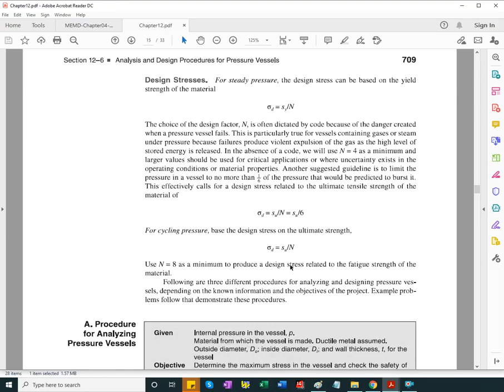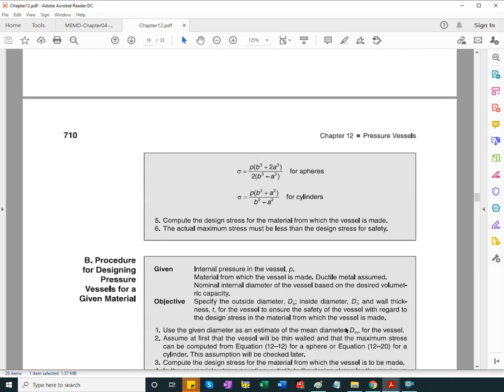And then if we have pulsing, that is a tank that is emptied and pressurized multiple times, the design factor should be 8, and again used with the ultimate strength. Okay.